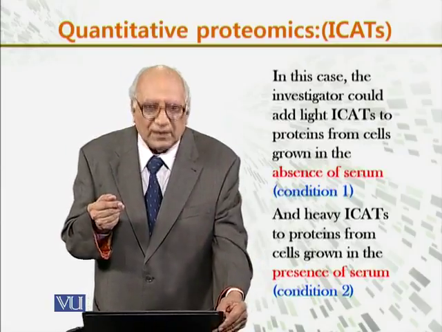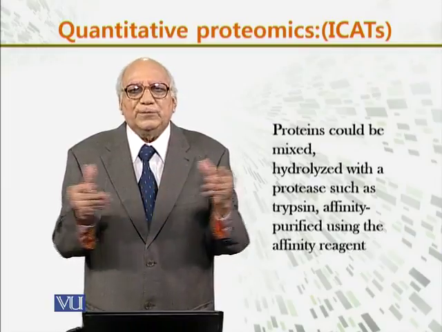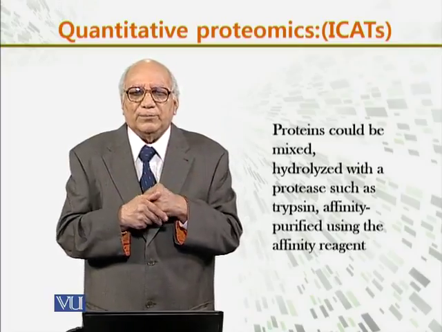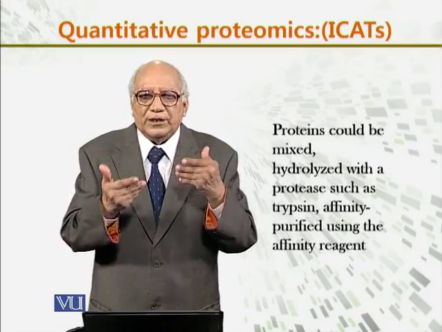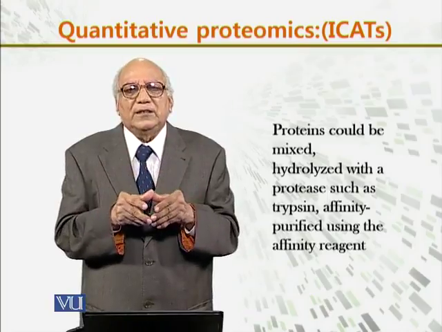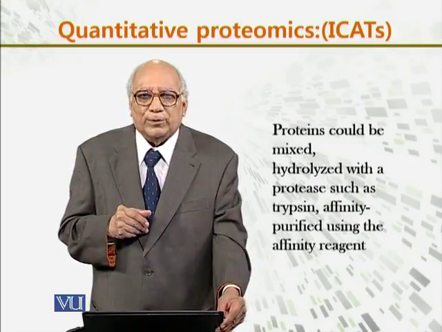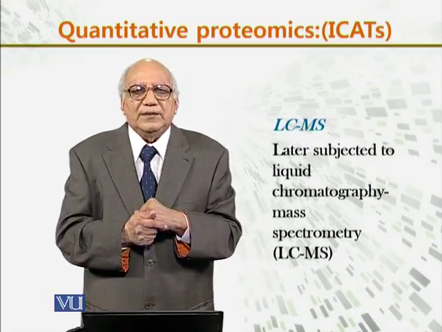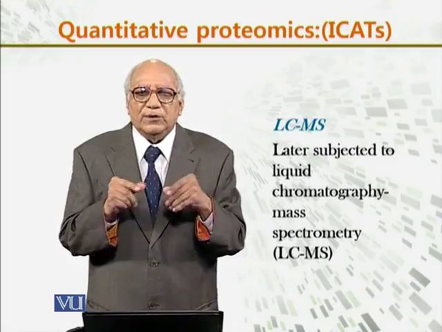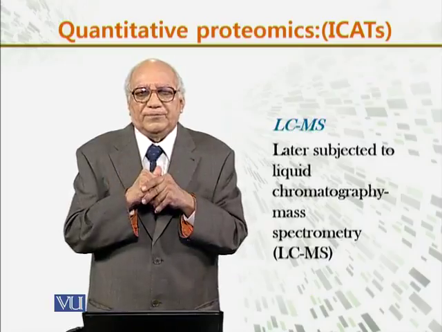The proteins could then be mixed, hydrolyzed with a proteolytic enzyme, a protease such as trypsin, and affinity purified using the affinity reagent into different components, and then subjected to LCMS, liquid chromatography mass spectrometry.